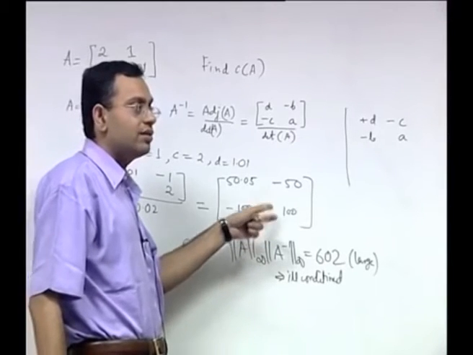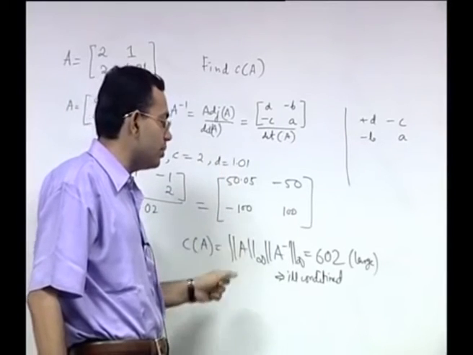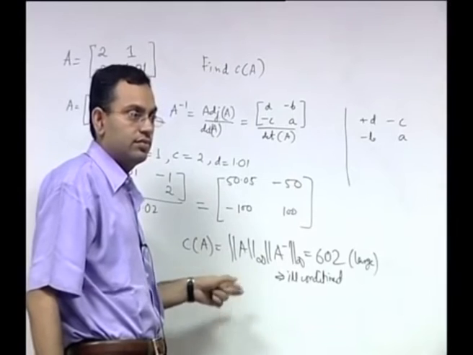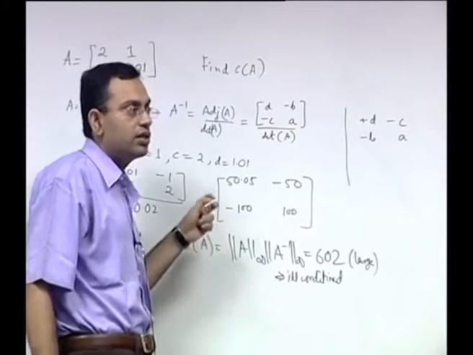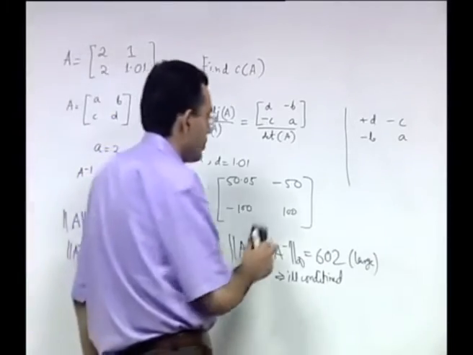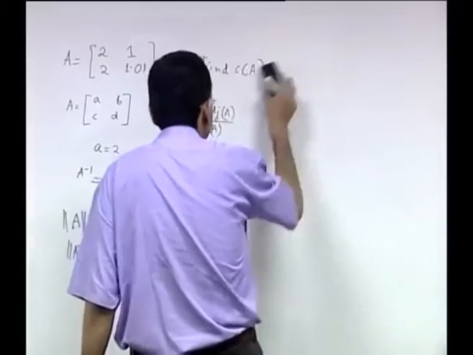So the smaller the determinant, the greater the vulnerability of the matrix to becoming ill conditioned. That is one of the important inferences that we can draw from this example. Next we will move on to the iteration methods.